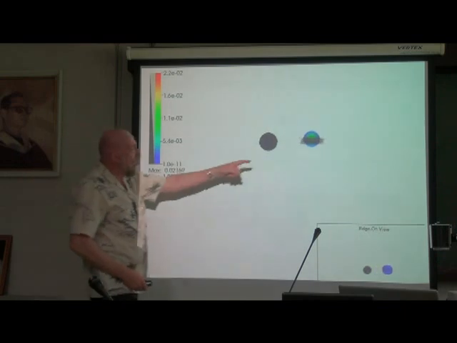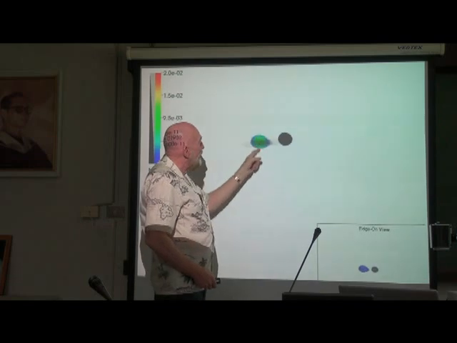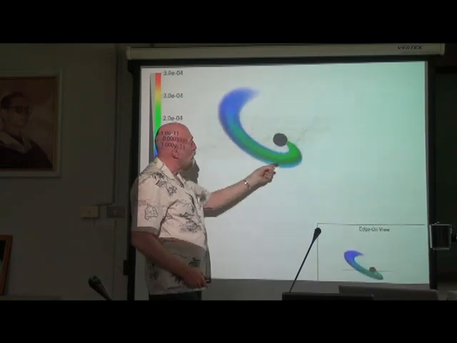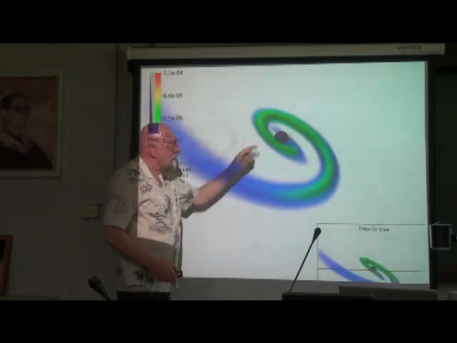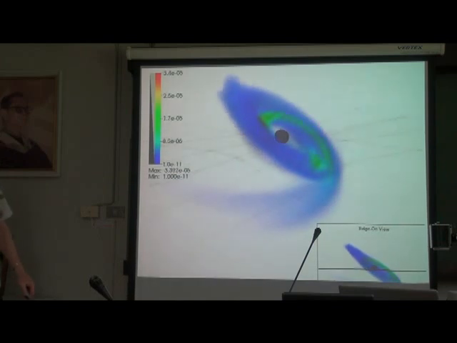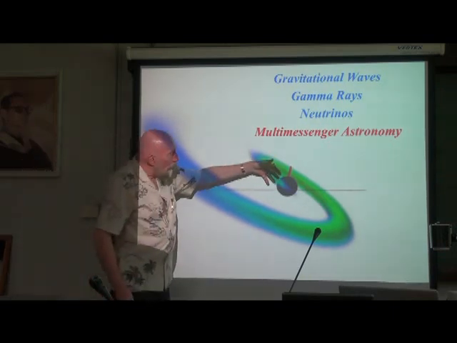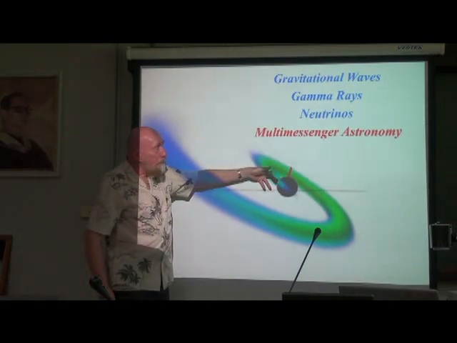So here's the neutron star going around. It's starting to be torn apart. It's being thrown up into this new plane. And this process will produce gravitational waves.